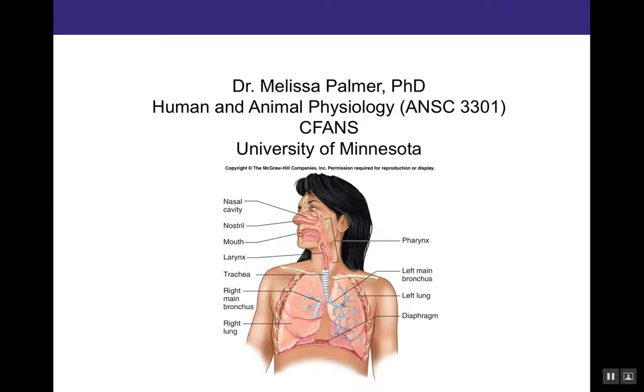It still has 83% of the oxygen molecules attached, because we're right here. 83% of those oxygen binding sites still have oxygen attached. It's really only given up about 17%.